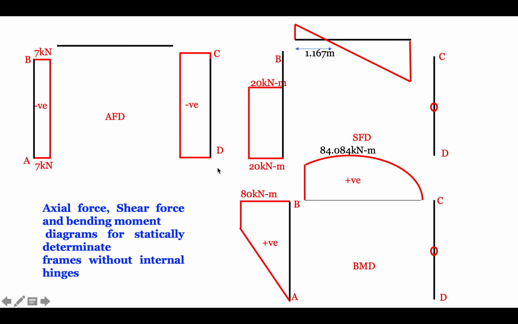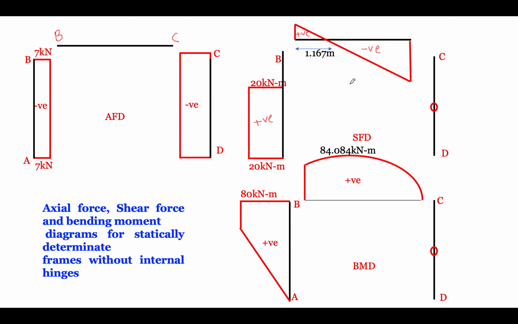When we draw it here, this is the frame A B C D. For this frame our axial force diagram is like this when we combine all three members. Then this is our shear force diagram. This side is positive, outside of the frame is positive, and this is negative.